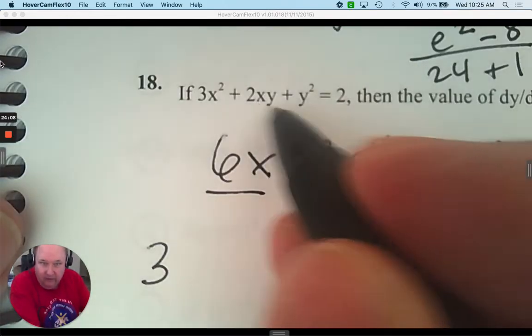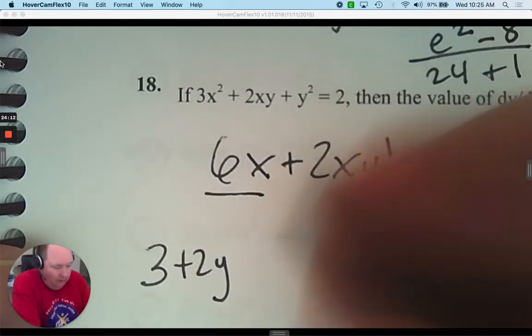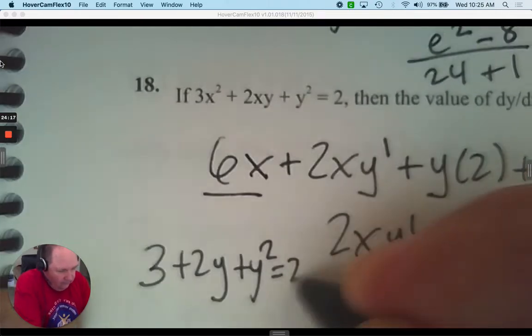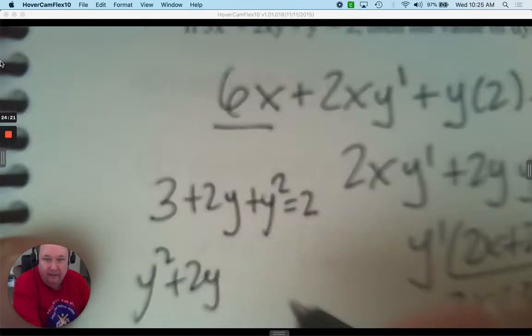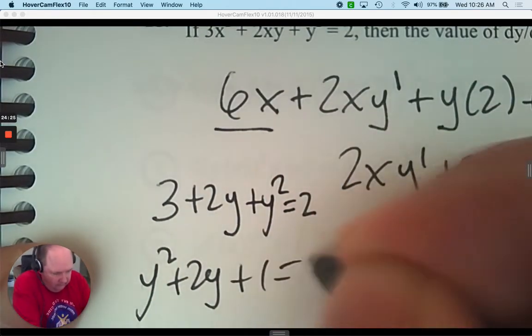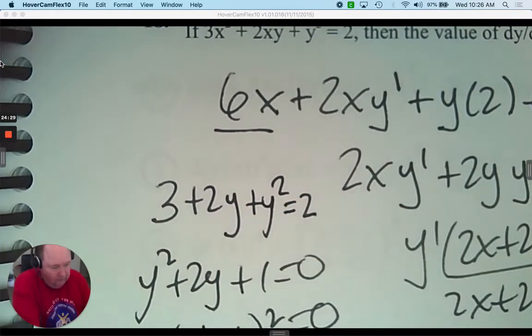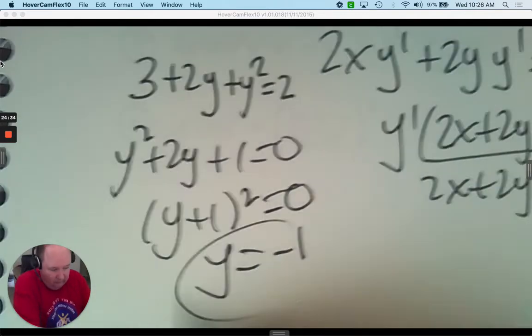If x is 1, I got 2y. And y squared is equal to 2. So I got a quadratic equation to solve. Y squared plus 2y. Subtract 2. 3 take away 2. That's 1. So if I factor this, y is equal to negative 1.